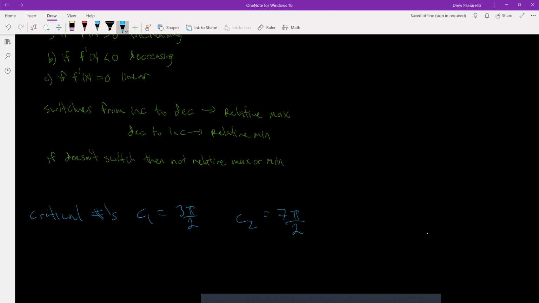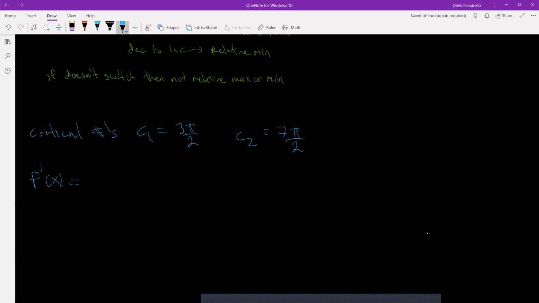The first derivative f prime of x, that was negative sine x minus 1. The original function f of x equals cosine x minus x, and they gave us the interval 0 to 4 pi.